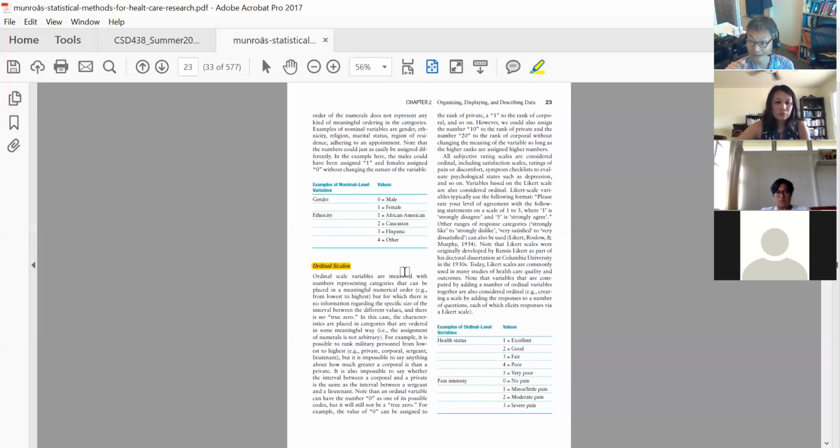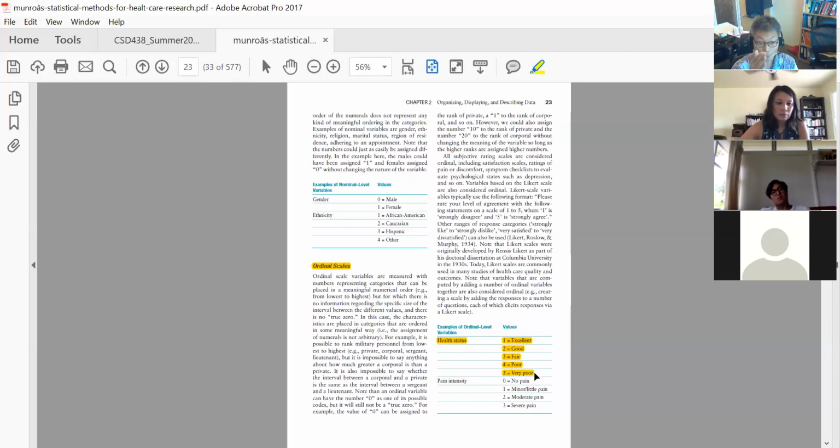Then we know the order, but it doesn't have a meaningful numerical interpretation. So we know the order, but it's hard to interpret that in a numeric way. For example, when I say I have a health status of 1.5, but the Likert scale only allows 1 to 5, right?